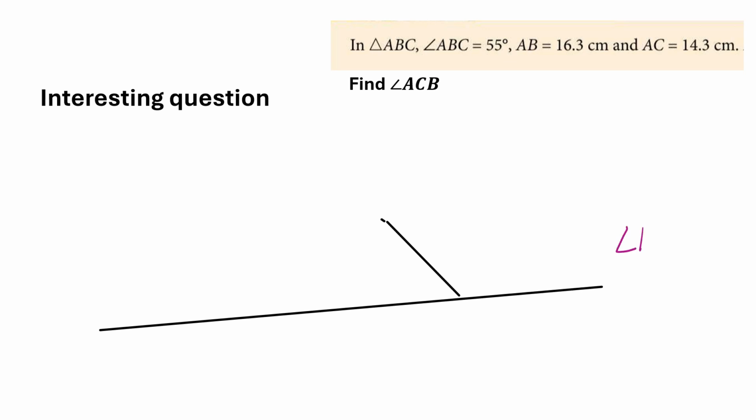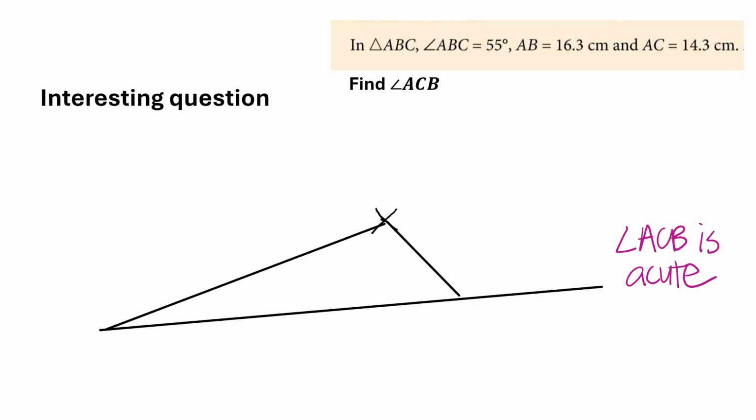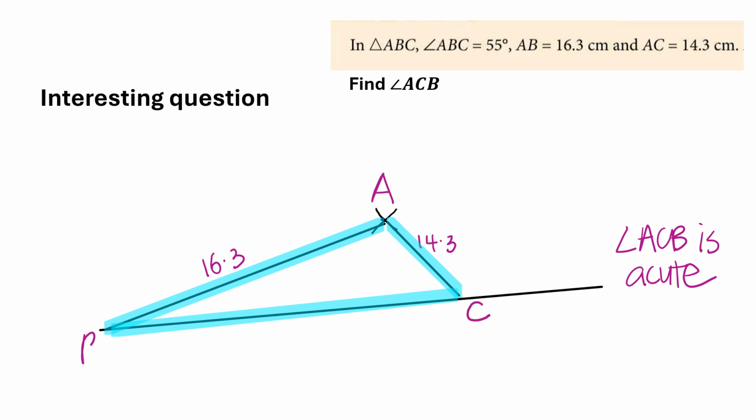So let's see what happens if angle ACB is an acute angle. All right, so this is what will happen when the angle ACB is acute. All right, with all the dimensions given. Now, imagine the point A is the center of a circle.